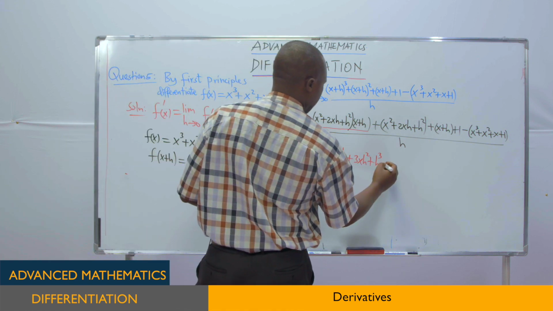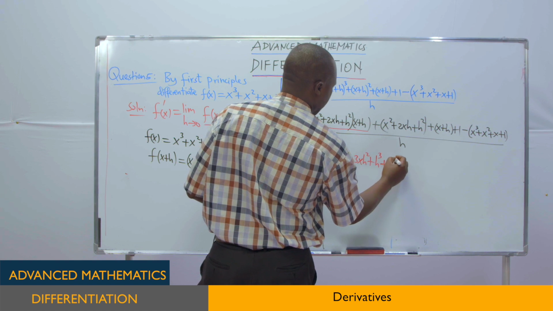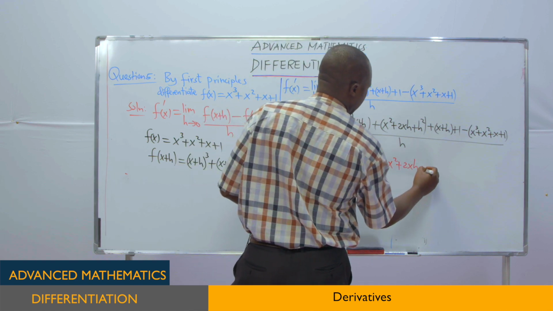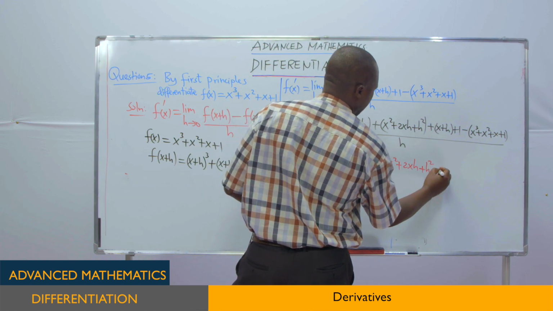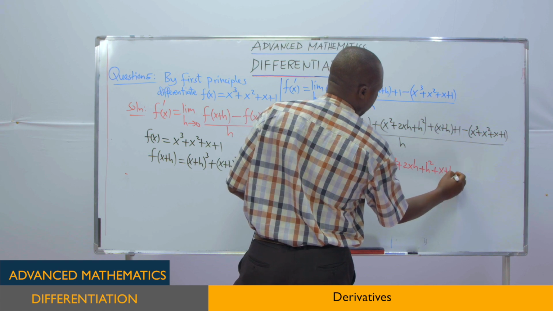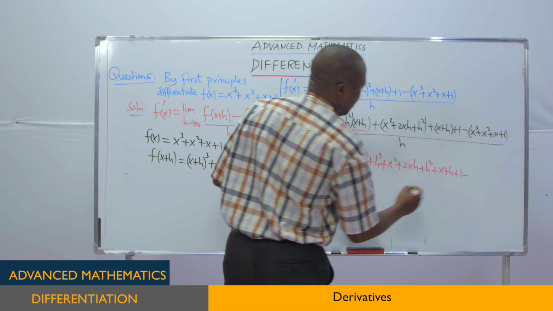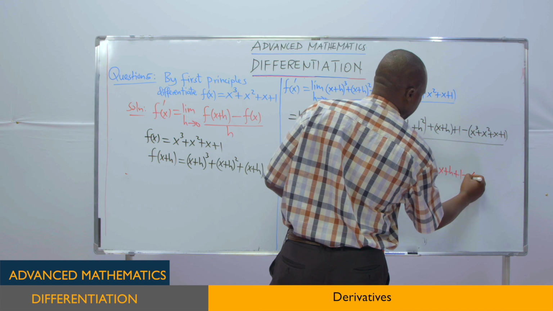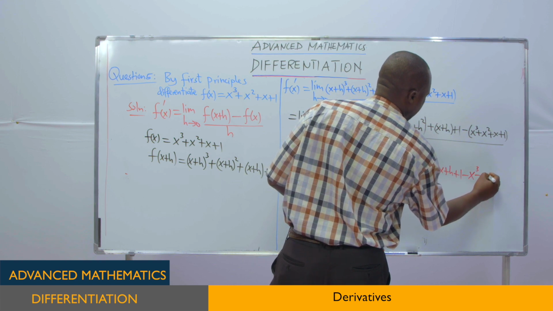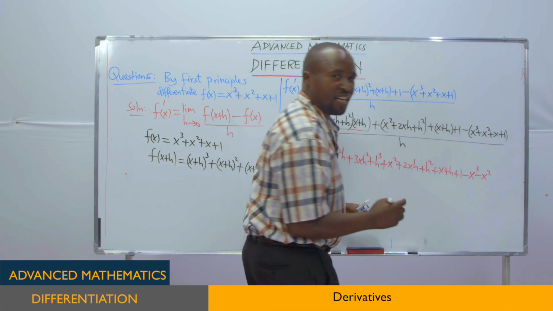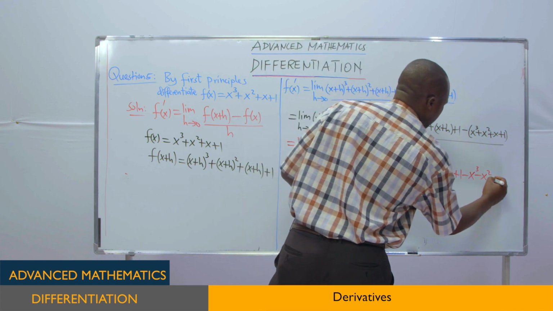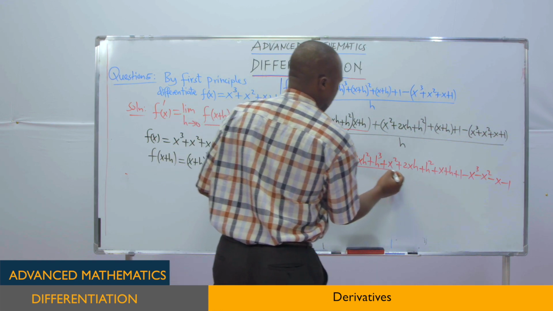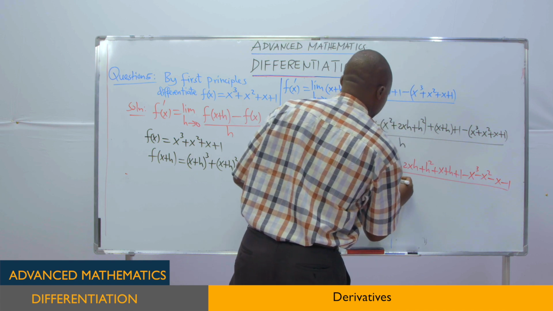So this one plus, then we have x squared plus 2xh plus h squared, again plus x plus h plus 1 minus. So now we open up the brackets here. We are going to have minus x cubic minus x squared minus x squared, then minus x minus 1. Again, the whole thing over h.